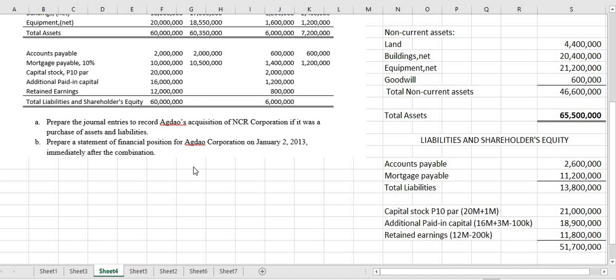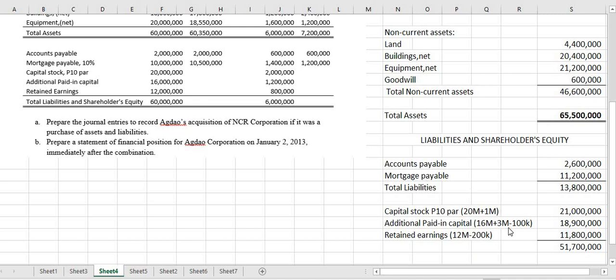So for our capital stock, the balance was 20 million plus an additional 1 million for the shares. That's 100,000 times 10 par per share, that's 1 million. So you have a total of 21 million after the acquisition. Our additional paid-in capital was 16 million before acquisition. But we issued shares, so the fair value was 4 million, and the par is 1 million.